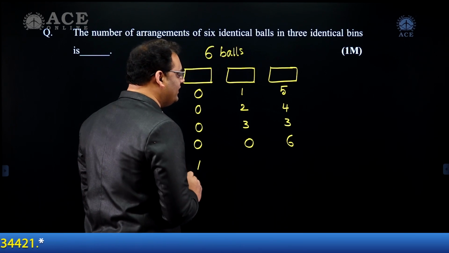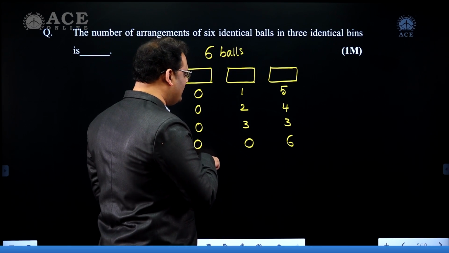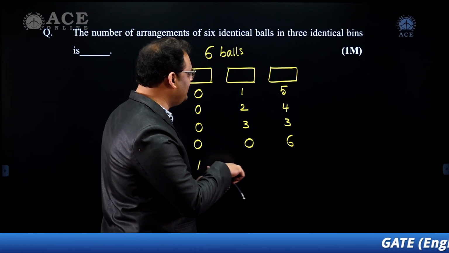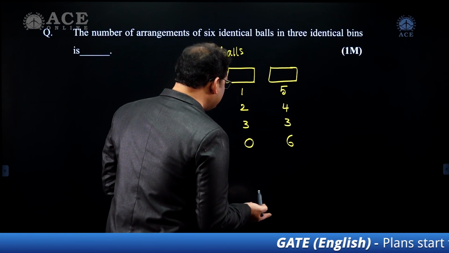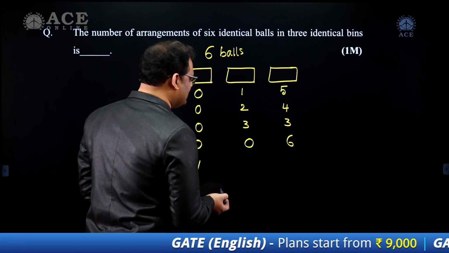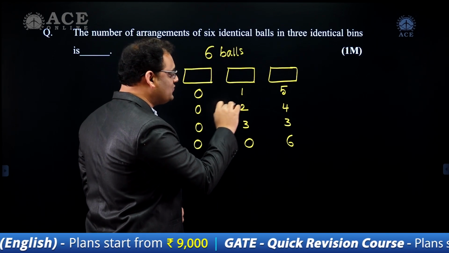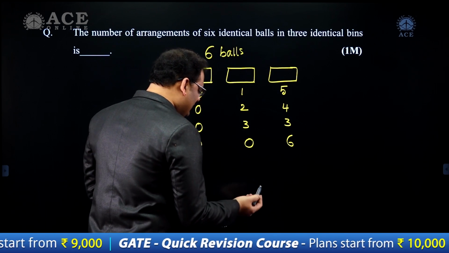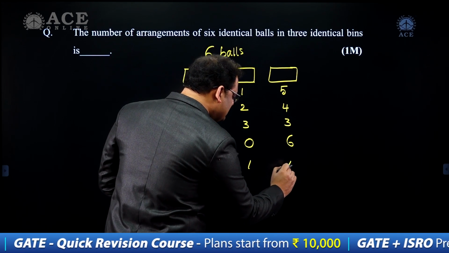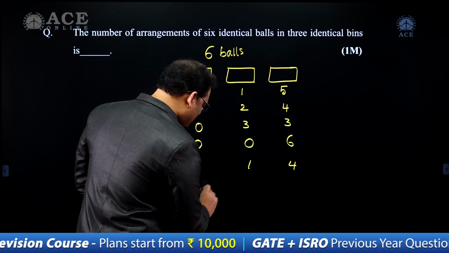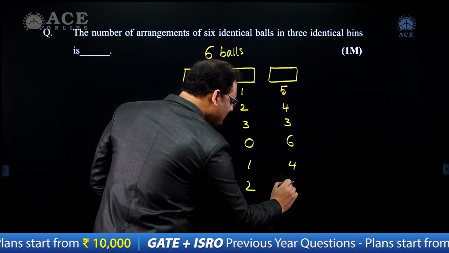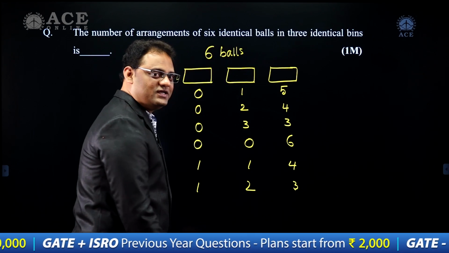After that, coming to the 0 case, I can go for 1 here. If I take 1, then 6 minus 1, the remaining 5 balls need to be distributed. So I can distribute 5 balls something like this. I can take 1, 4 is 5, and 2, 3, isn't it?